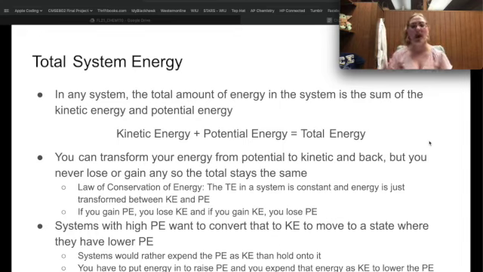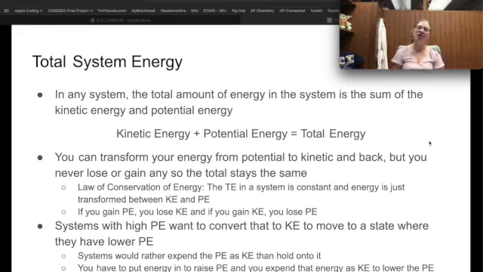But as long as you have a closed system, the total amount of energy stays the same. So it's just going back and forth, converting between potential and kinetic, as long as you're not intentionally adding more energy into the system. So again, if it's a closed system, we're not letting any more energy in. The amount of kinetic energy plus the amount of potential energy is going to be the total energy.